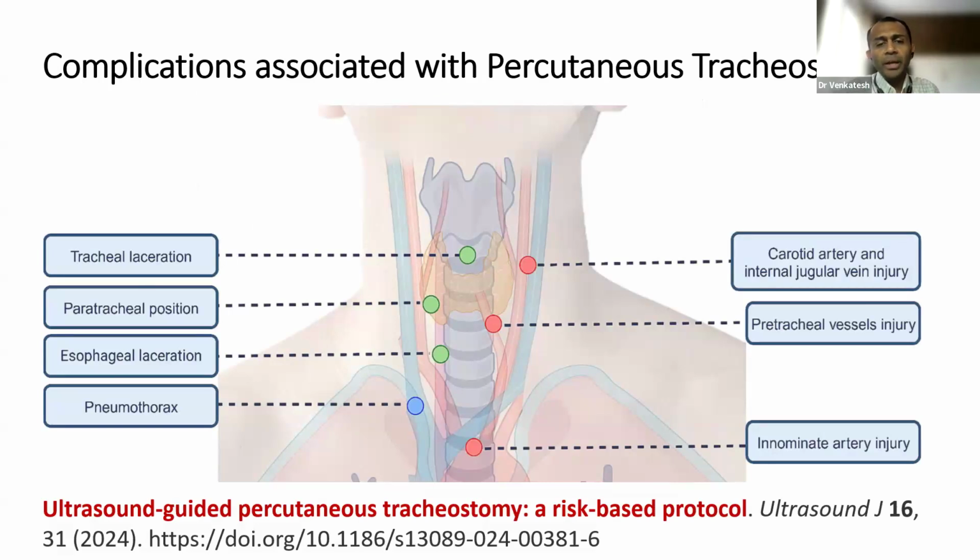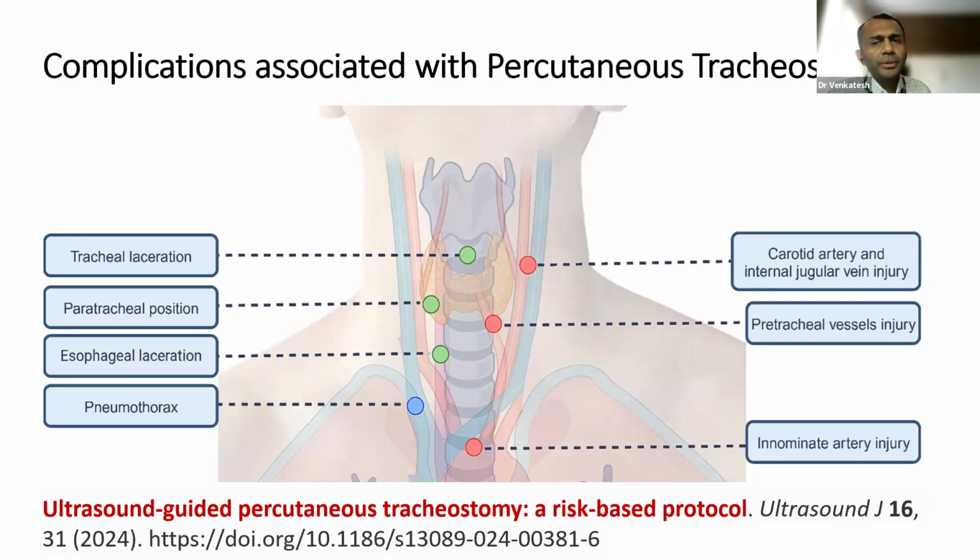You may feel that there is so much risk, but tracheostomy is always about avoiding complications. Handling complications is important, but to avoid complications we should know the potential complications and what we should avoid. So this risk-based protocol is probably a good one. I have provided the links at the end. You can definitely refer to two important such articles which will help you understand more.